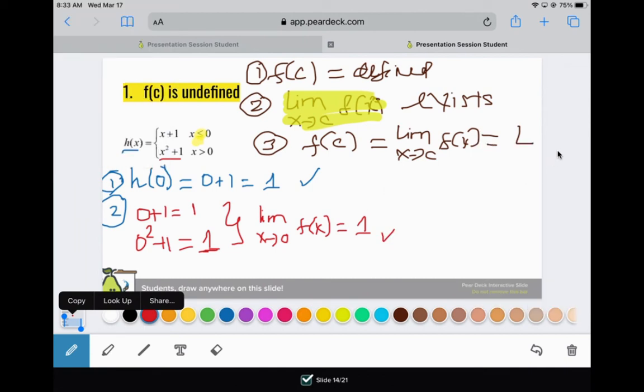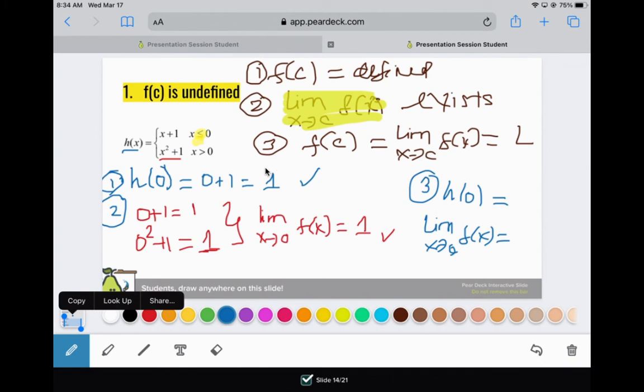Now we're going to combine step 1 and step 2, so I'm going to work on step 3 right now. Step 3: think about h of 0 equal to the limit at 0. Look at my step 1 and step 2.